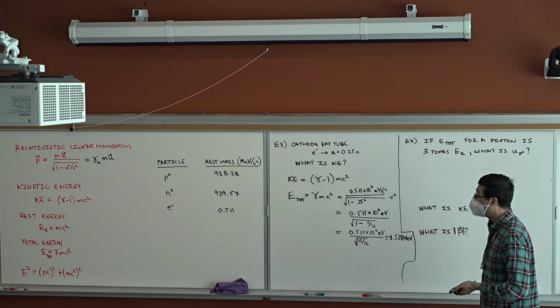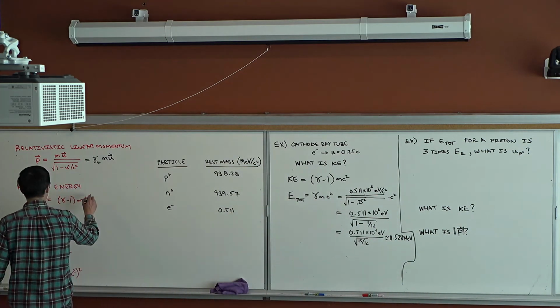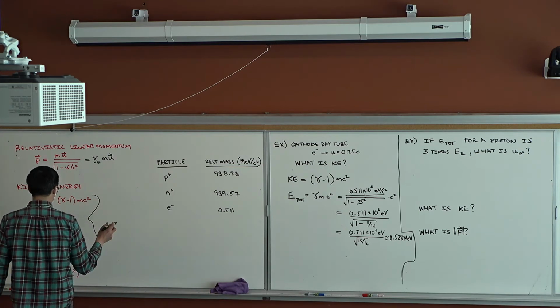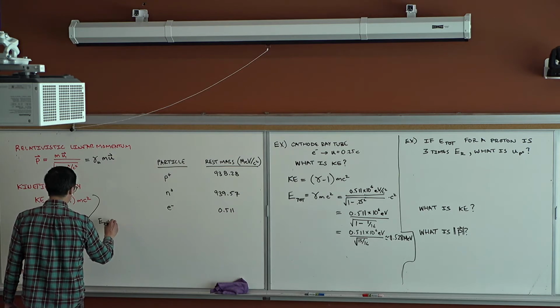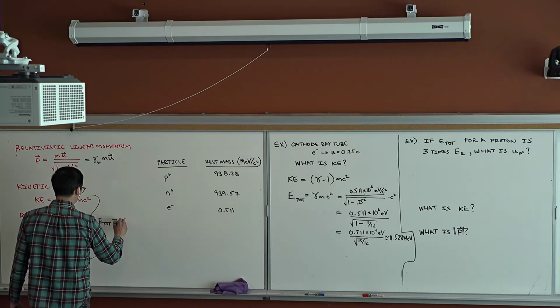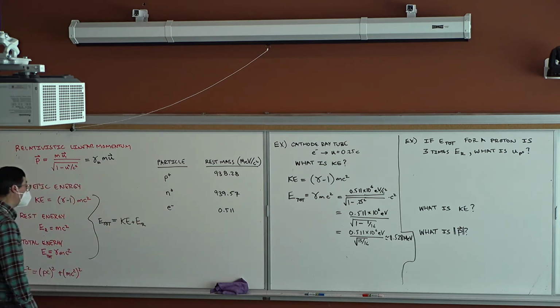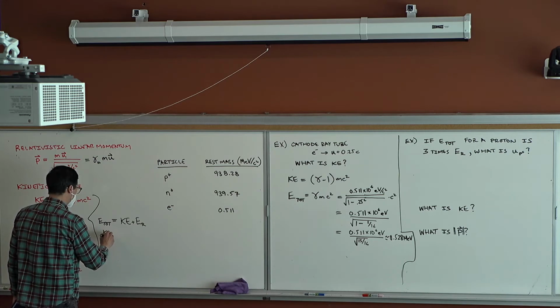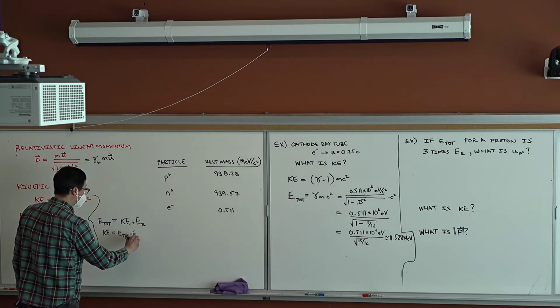And so if we want kinetic energy, one thing that we can see from this is that E total is KE plus ER. And so KE is E total minus ER.